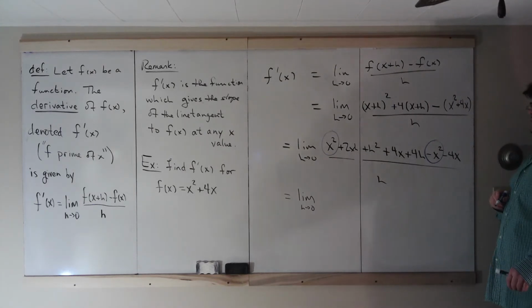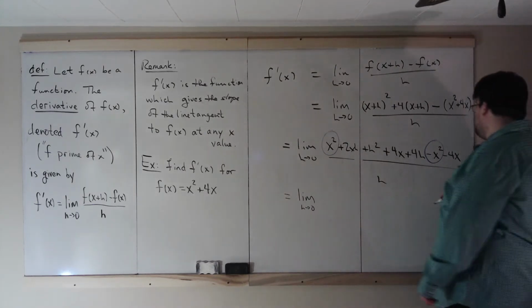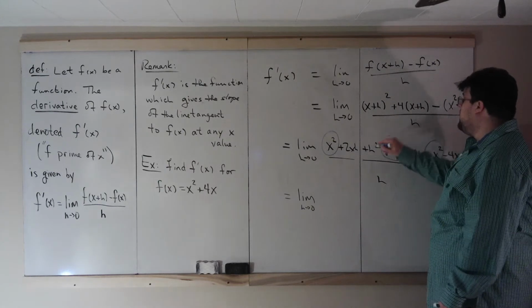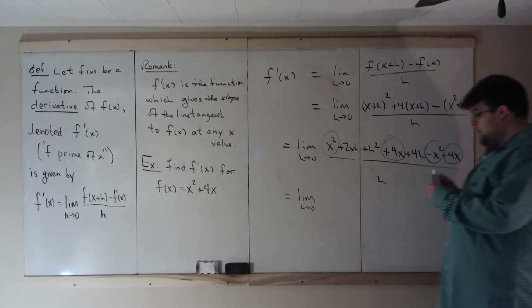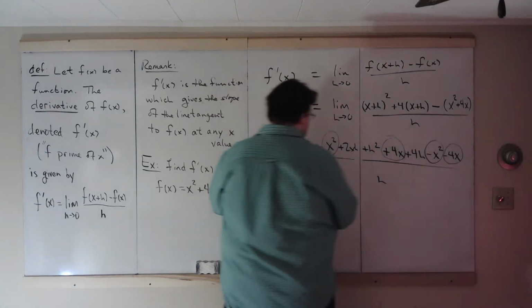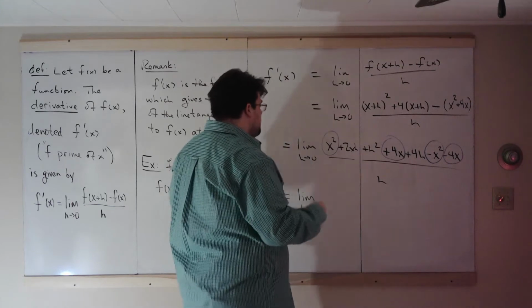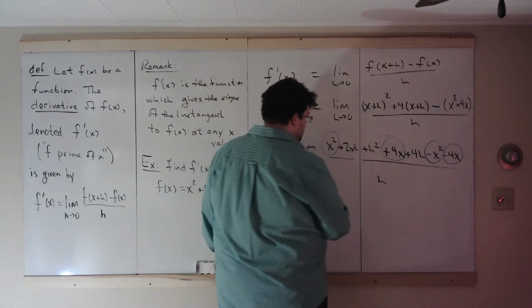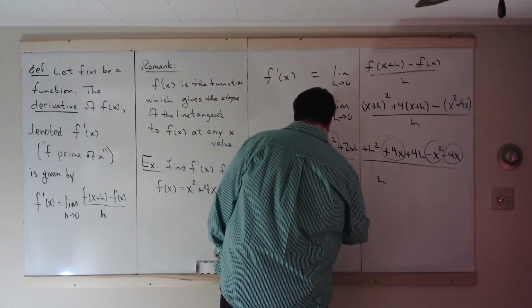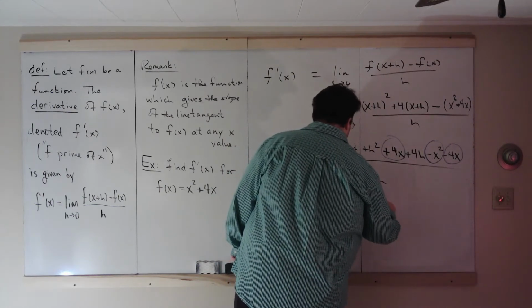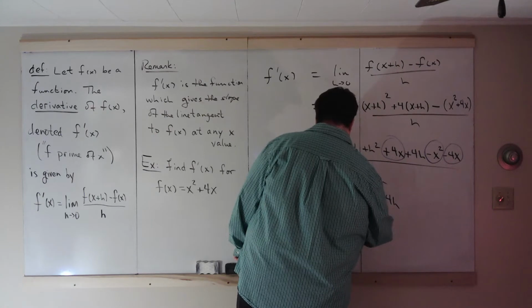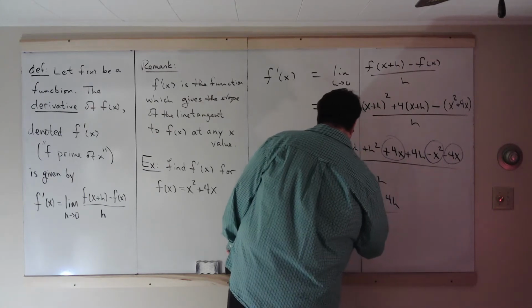X squared minus x squared is 0. Here's a 4x, and here's a negative 4x. 4x, negative 4x make 0. So all those things that are circled add to 0. And what are we left with? 2xh plus h squared plus 4h all over h.